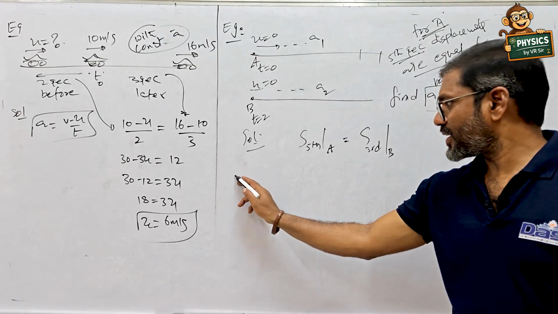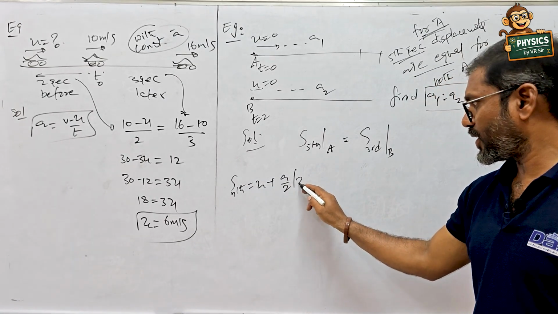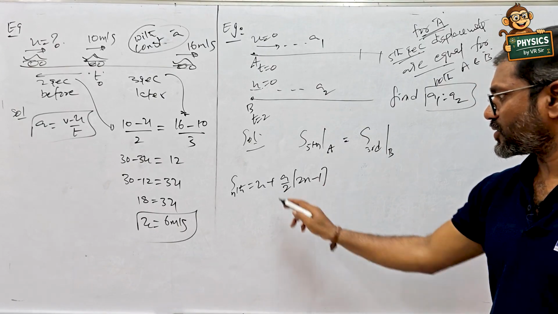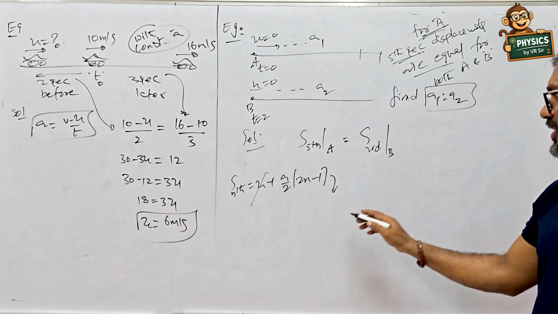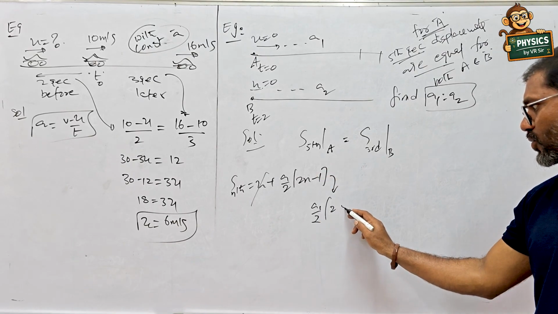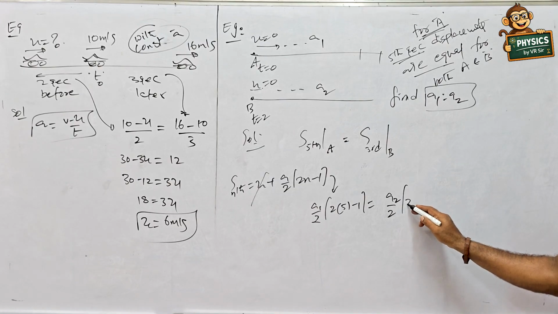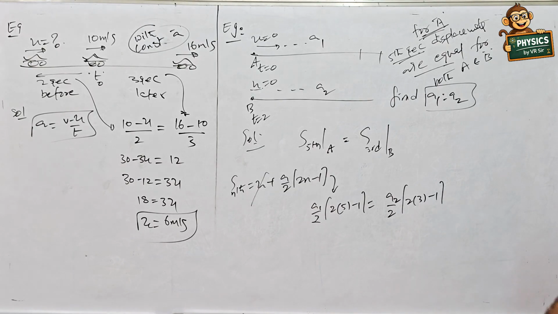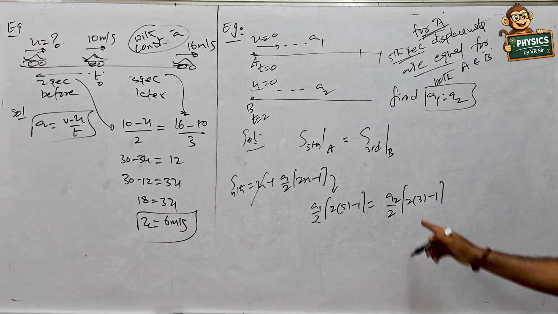Then what is the formula? The nth second formula: u plus a by 2 into 2n minus 1. Initial velocity is 0. So when you write this for both cases, a1 by 2 into (2 into 5 minus 1) is equivalent to a2 by 2 into (2 into 3 minus 1), because the fifth second for A is the third second for B. That is the logic.